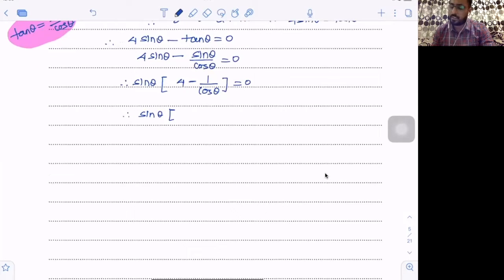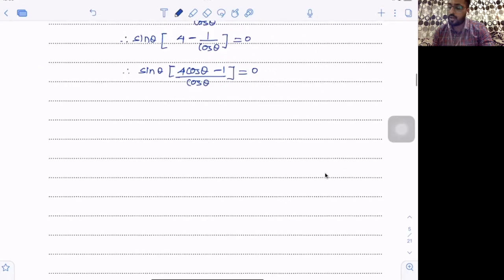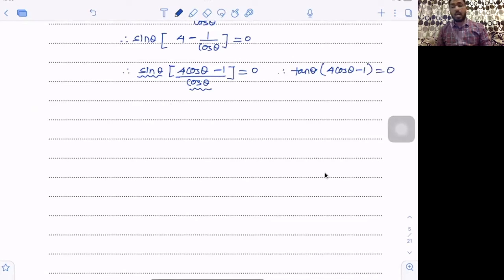I get 4 cos theta minus 1, right? 4 cos theta minus 1 divided by cos theta, close the bracket, it is equal to 0. Or I should better write this as sin upon cos. So this is sin theta, this is cos theta. So I can write sin upon cos, right? So sin theta upon cos theta is tan theta. So tan theta multiplied with what? Multiplied with 4 cos theta minus 1 is equal to 0. So now it is tan theta multiplied with 4 cos theta minus 1 equal to 0.